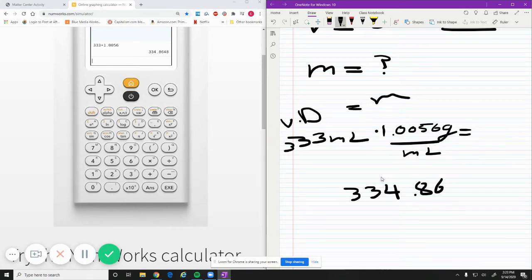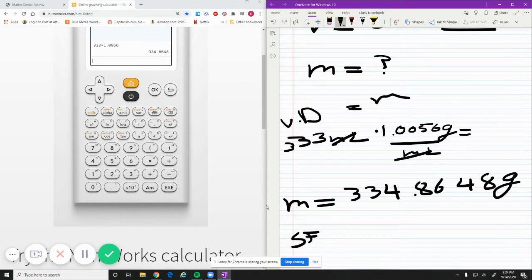Notice that this is not the answer though. The mLs cancel out, and I can see they cancel out, and that's why I like writing it like this. So I'm left with grams, which makes sense because mass is always given in a unit of grams or kilograms or something like that. Now for the sig figs, let's just make sure I did it right.